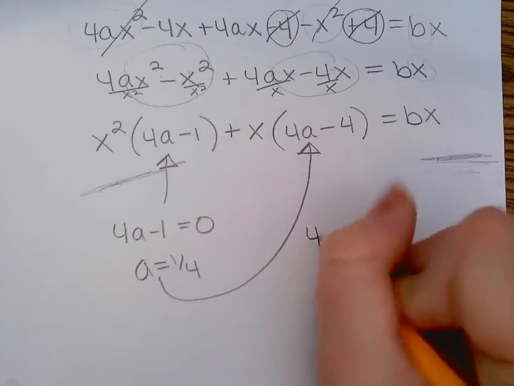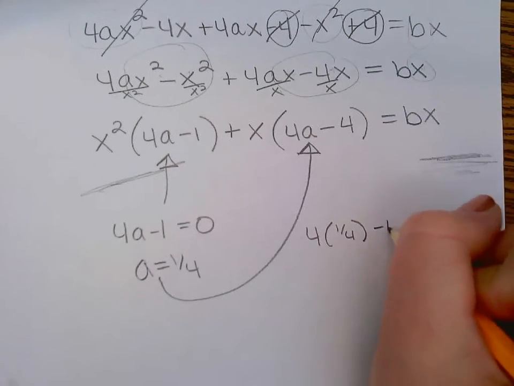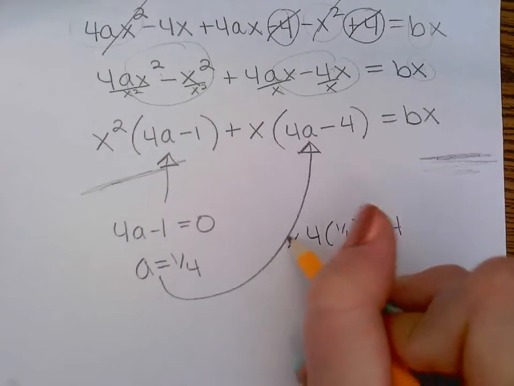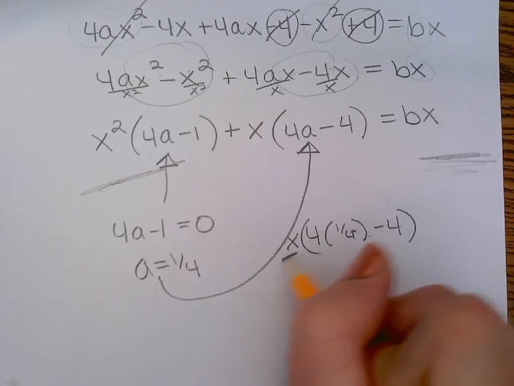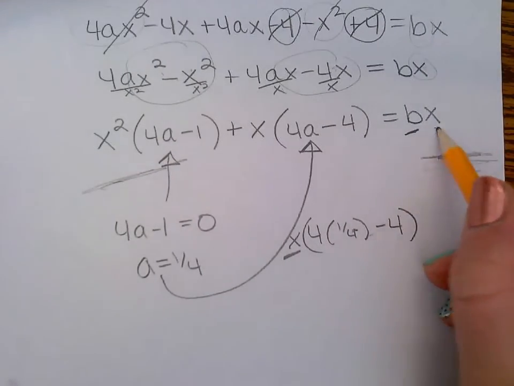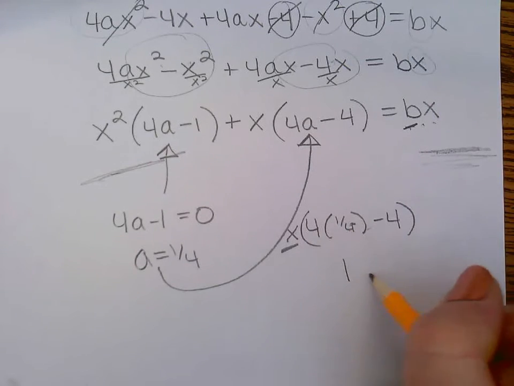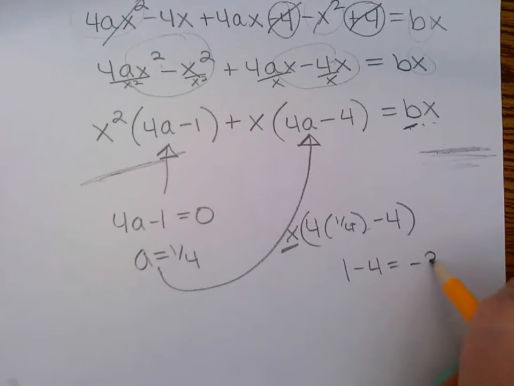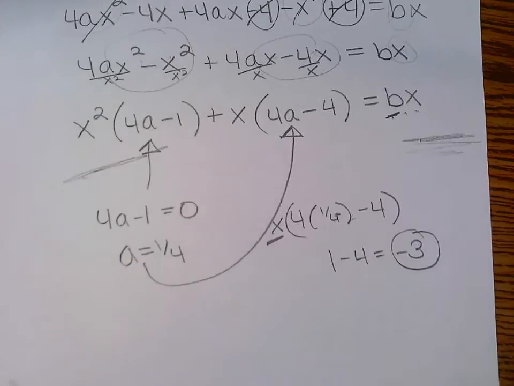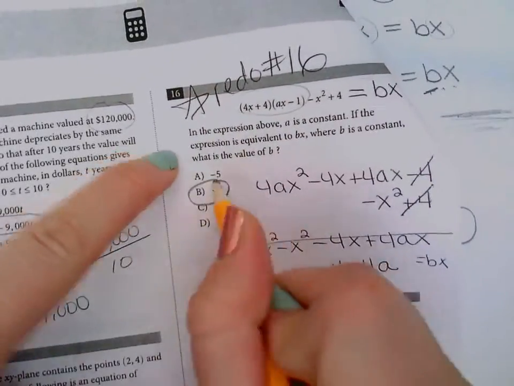So you've got 4 times 1/4 minus 4, because that is being multiplied by x. And then if we can figure out what's being multiplied by x, we've solved for b. So 4 times 1/4 is 1, minus 4 is negative 3. So the correct answer was choice B, negative 3.